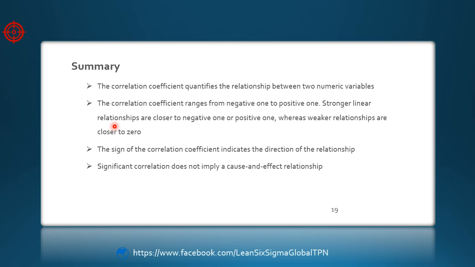The sign of the correlation coefficient indicates the direction of the relationship. Significant correlation does not imply a cause and effect relationship.